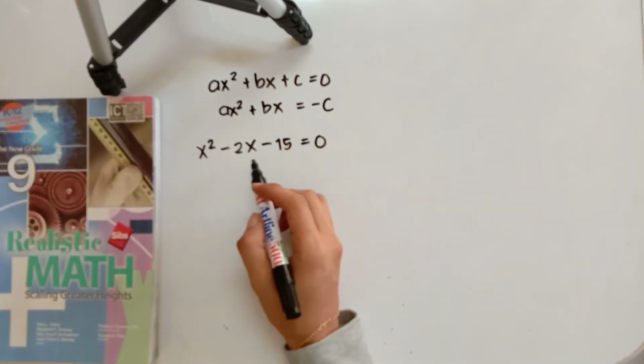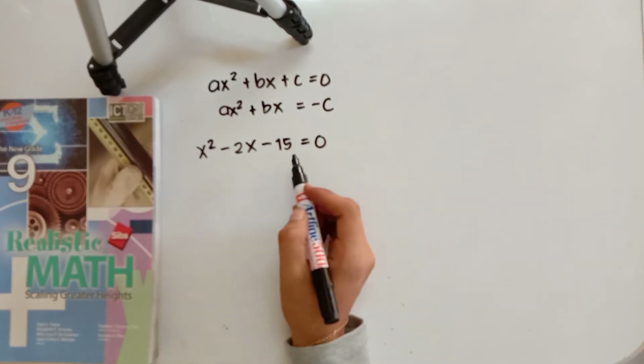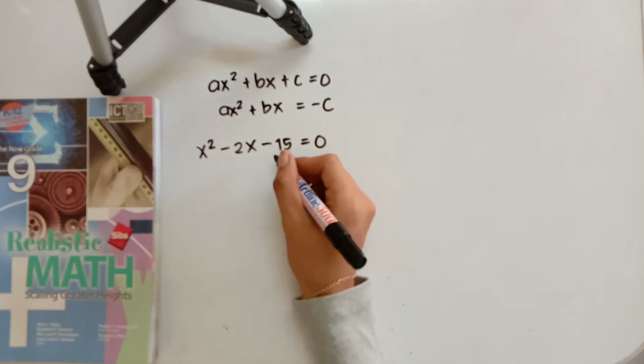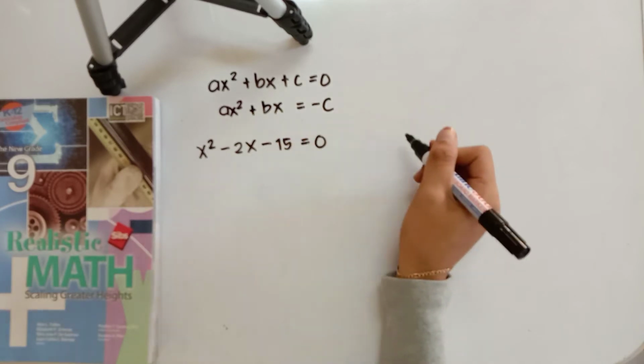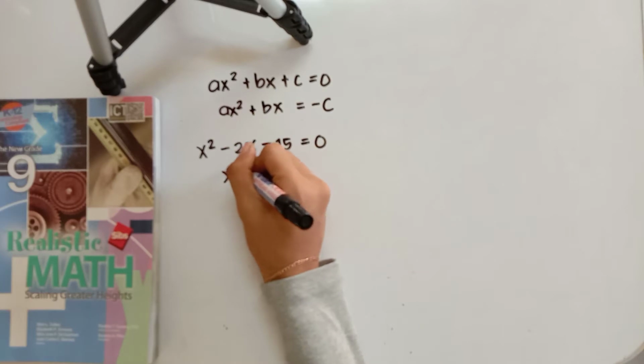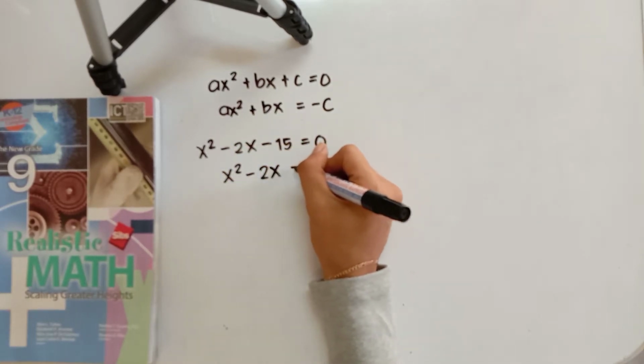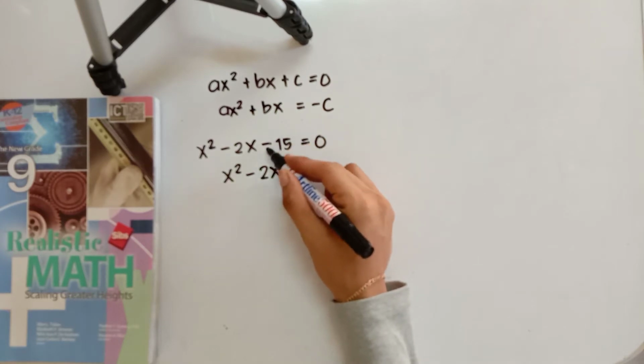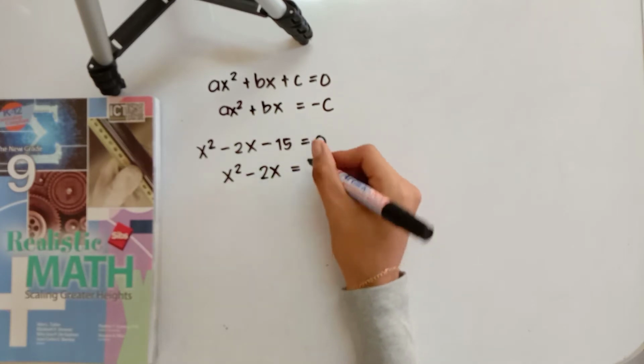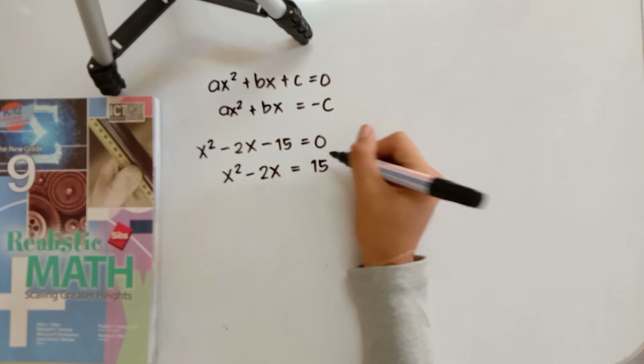Again, take all the x terms to the left and the constant to the right. So we have x squared minus 2x is equal to, since this is negative, transferring it to the right hand side, positive 15.